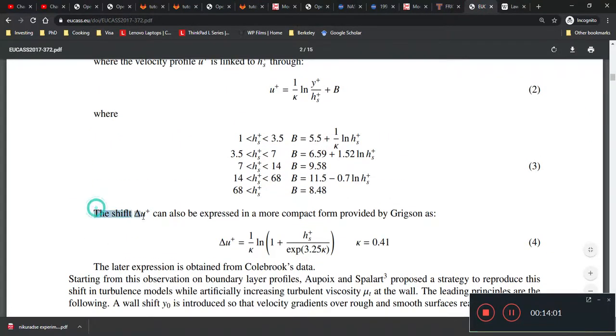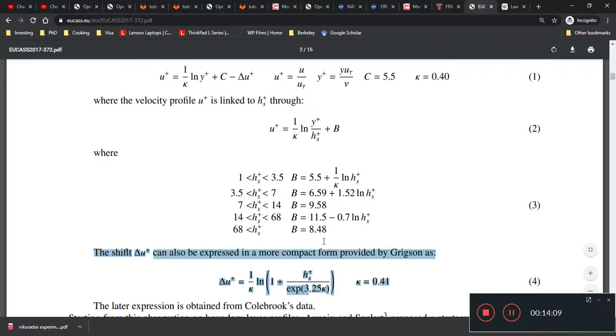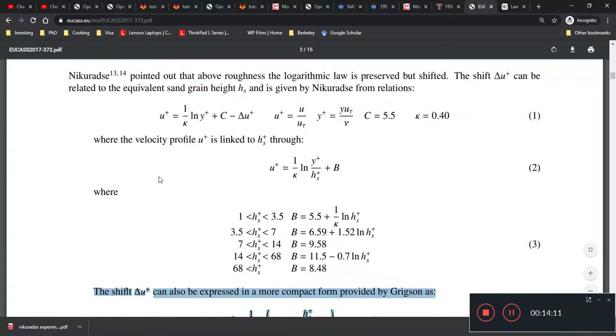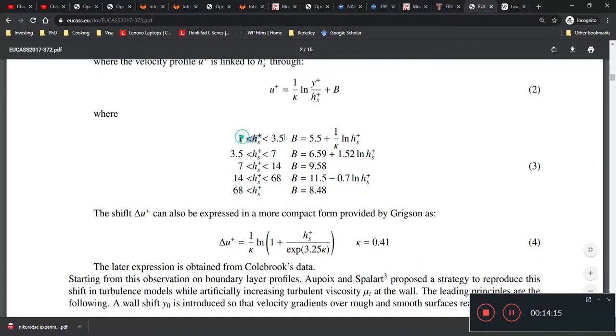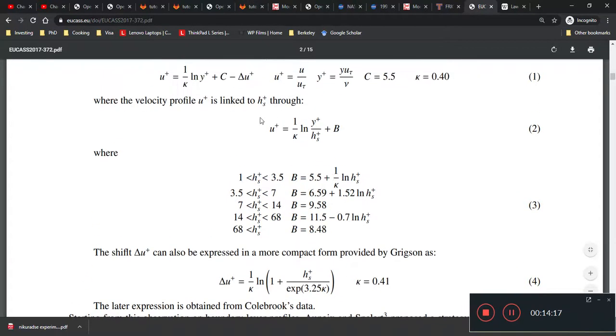So the shift delta u plus, it says here, can be explained in a more compact form by Gregson. So where does this data come from? It comes from this whole plot here. Let's digest this slowly. Originally we have this kind of correlation: u plus equals 1 over kappa ln y plus over hs plus.